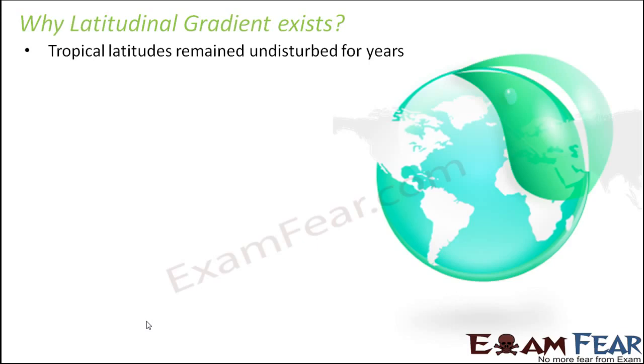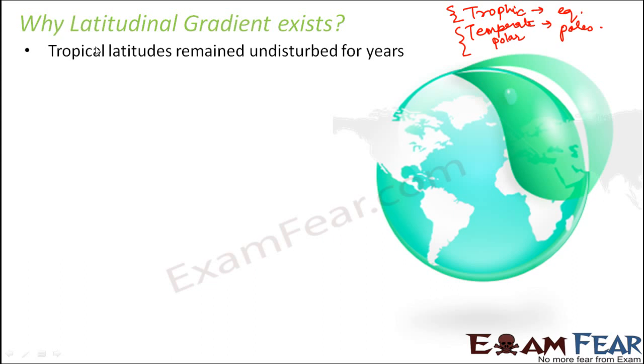Now, what are tropical areas and what do we mean by temperate areas? So, tropical areas are the areas which are near the equator, and the temperate areas are the areas near the poles. The temperate areas are also known as polar areas, because they are situated near the poles, and those areas which are situated near the equator are called the tropic regions.